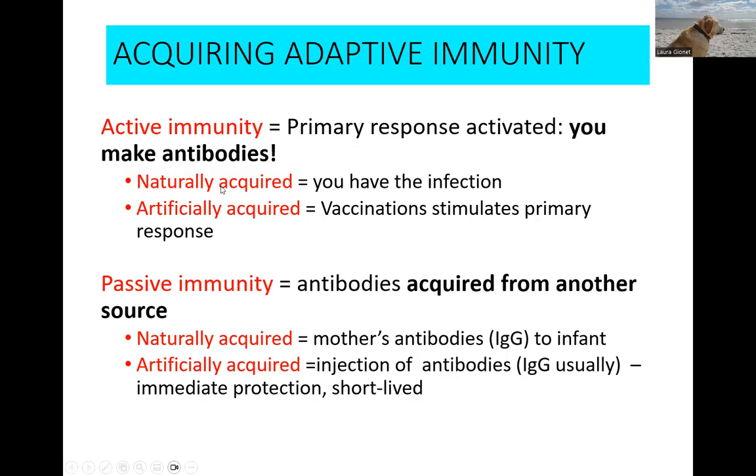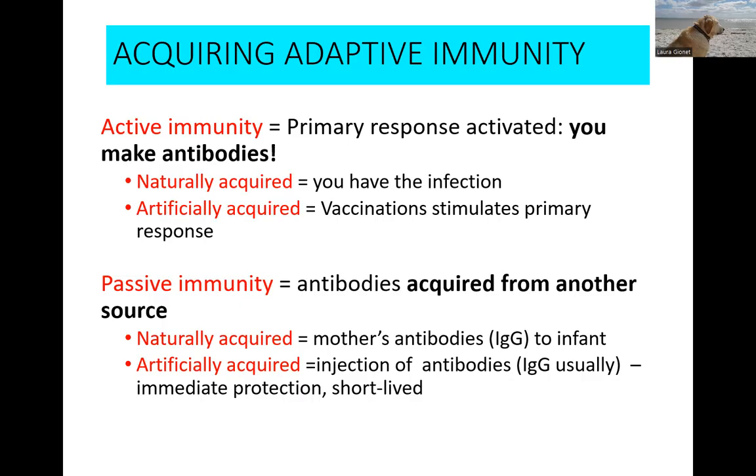So naturally acquired active means, like I've come across, which I did, just in the last few weeks, something, I think it was a cold virus, a rhinovirus, and I got exposed to enough of that virus to make me ill. That virus starts affecting my body cells, and I now have to make the antibodies to it and slowly kill it off.